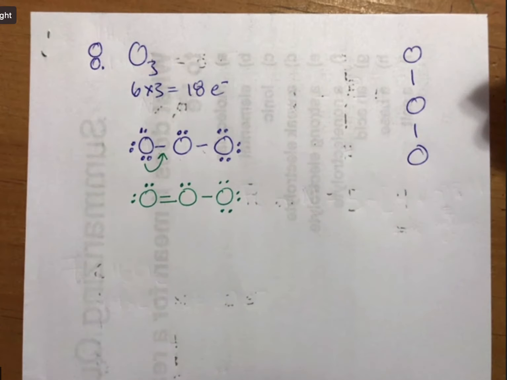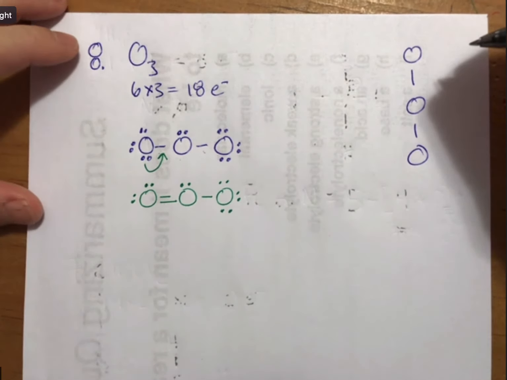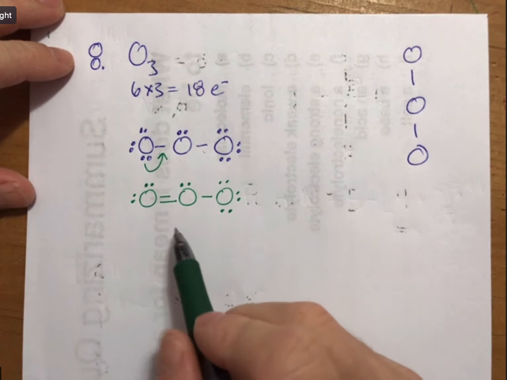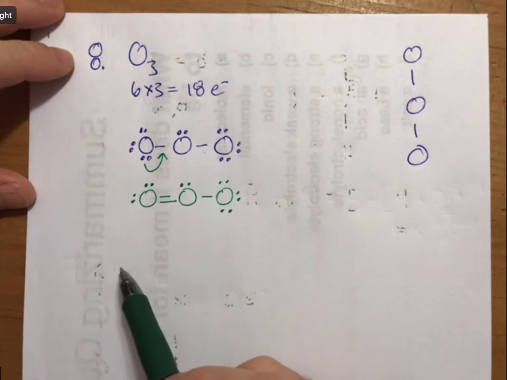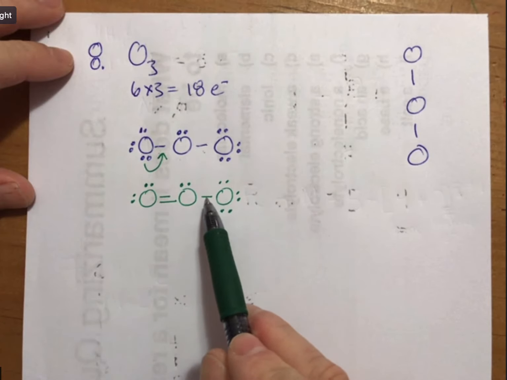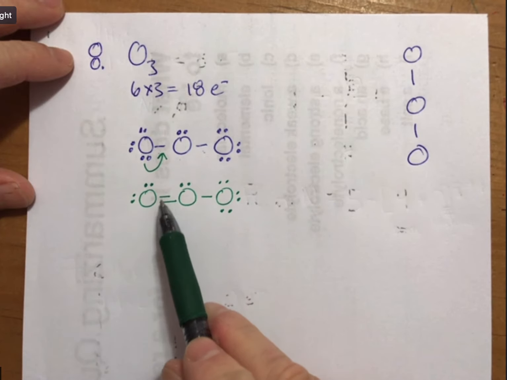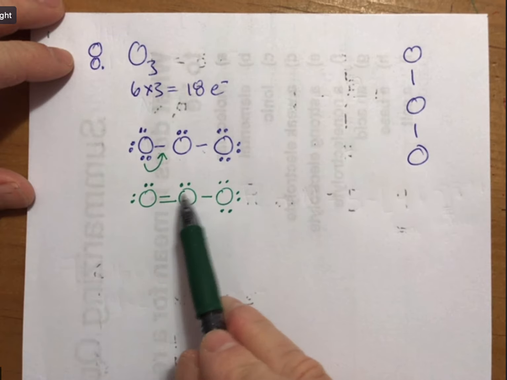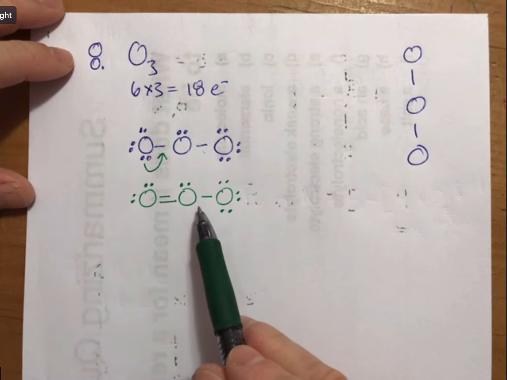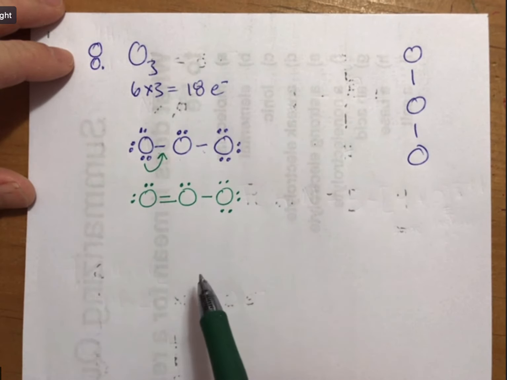And this will be the first one where we have to do, I guess we did a formal charge analysis before, but this has some formal charge in it. You always do a formal charge analysis. One hint that you have some formal charge is that there's an oxygen with a single bond, an oxygen with 2 bonds, and an oxygen with 3 bonds. So there's a bunch of different formal charge calculations to do.